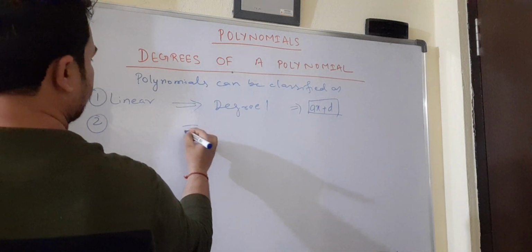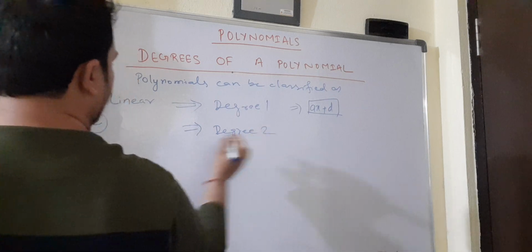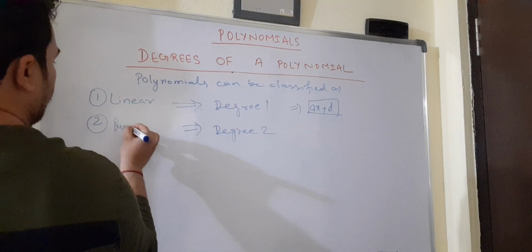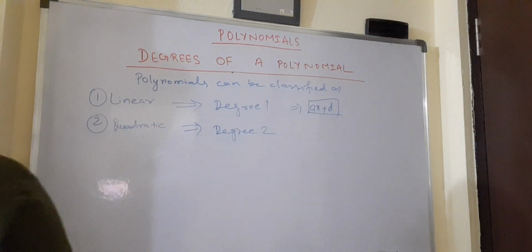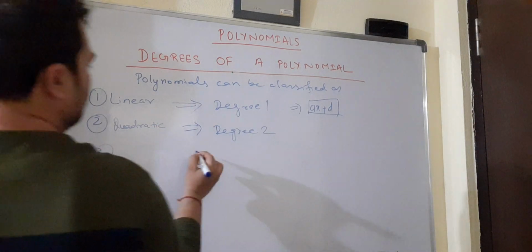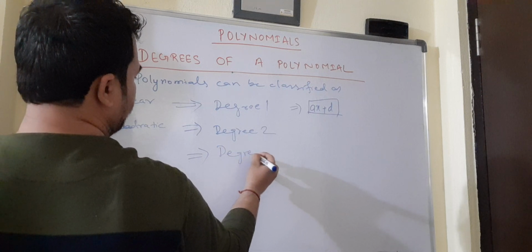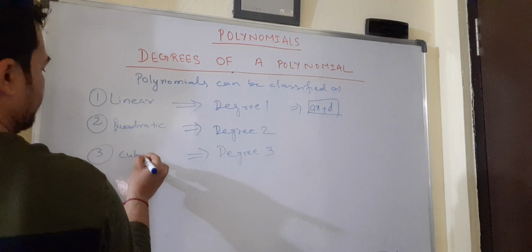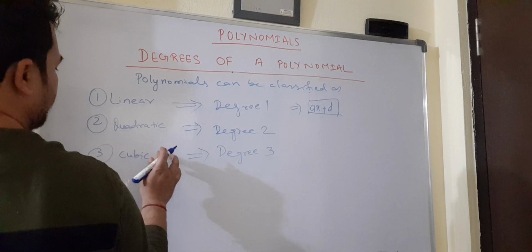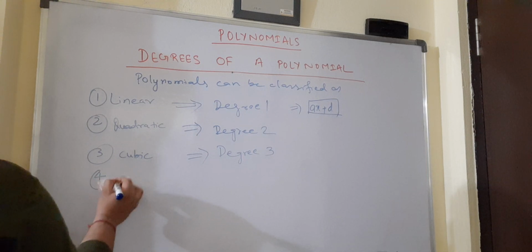And for polynomials with degree 2, we call it quadratic polynomial. When a polynomial has degree 3, that is the highest power of variable is 3, we call it cubic polynomial.